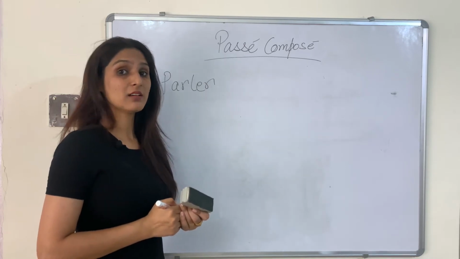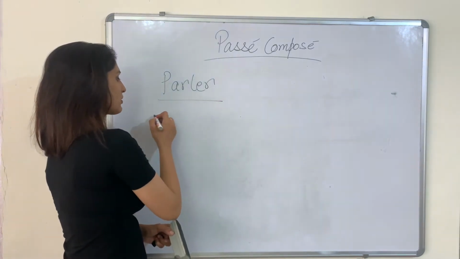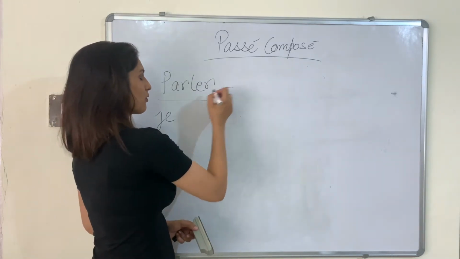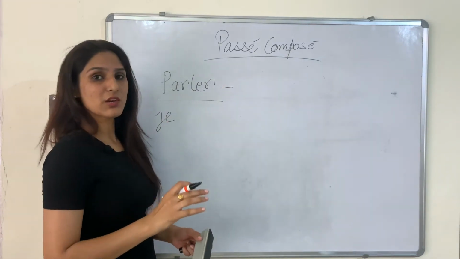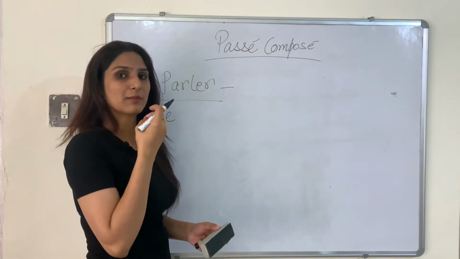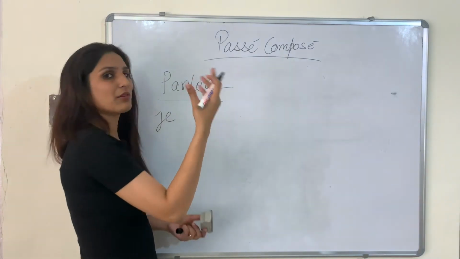I need spoke. I already have I. So that is je spoke. Parler is such a verb where I am not going to physically move anywhere, but something is going to get out of my mouth, and that is a word.